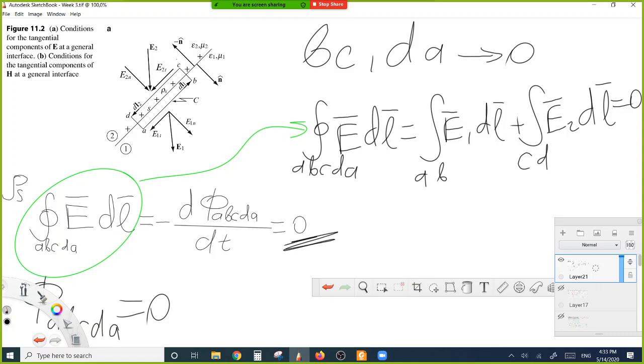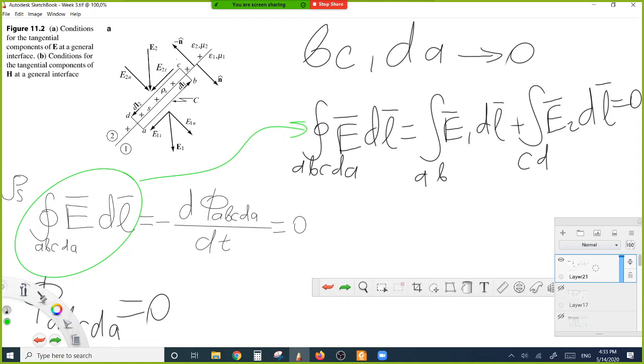It goes from this. Since the tangential component of E2 is in the direction of dl2, this is the tangential component of E2, and this is the direction of dl.